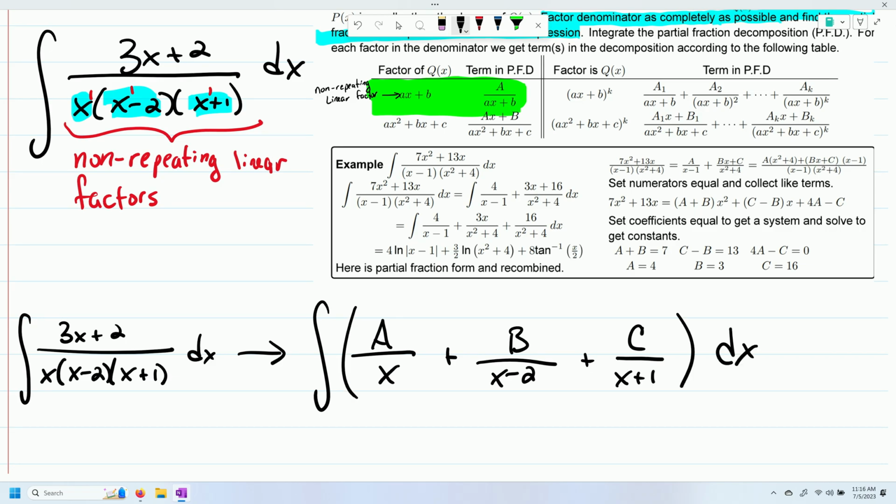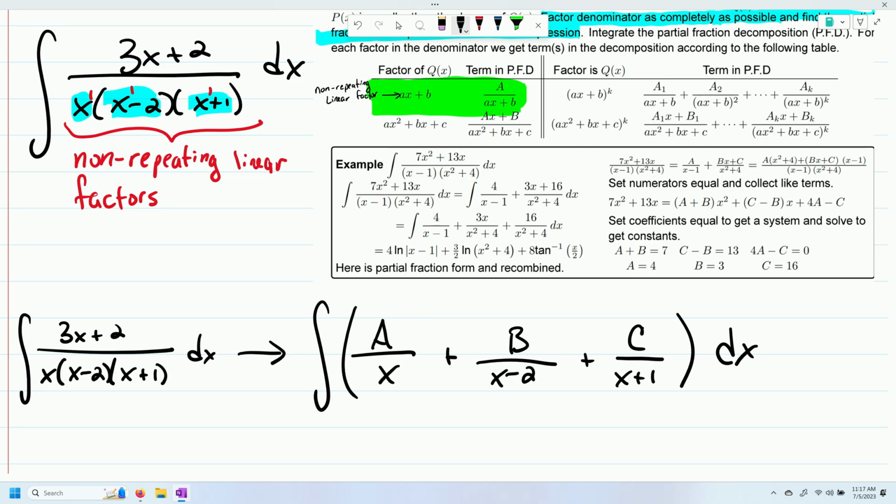In other words, the three fractions that I must have added together to get the result, 3x plus 2 over x times the quantity x minus 2 times the quantity x plus 1, are A over x plus B over x minus 2 plus C over x plus 1. Remember, it goes back to that basic algebra that we learned a while ago.